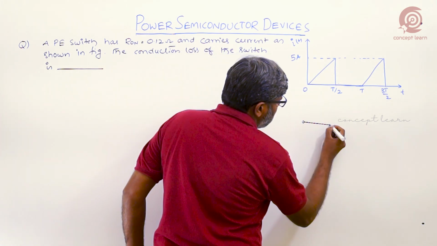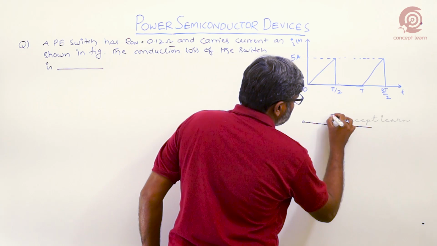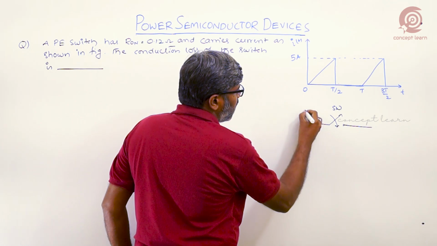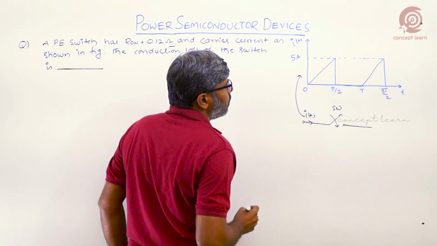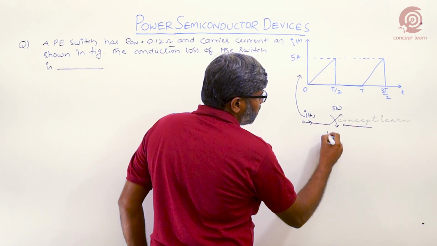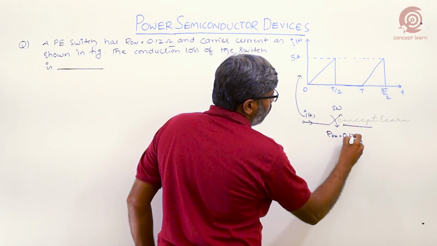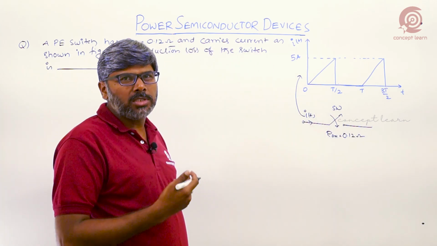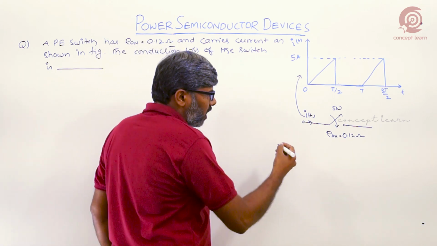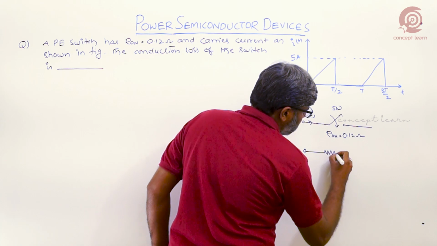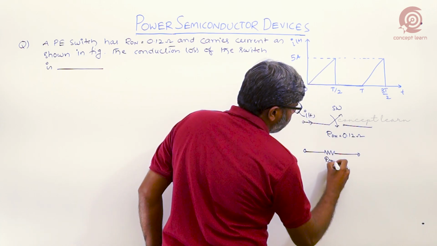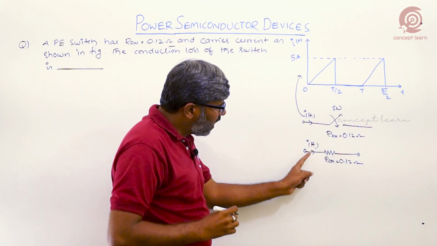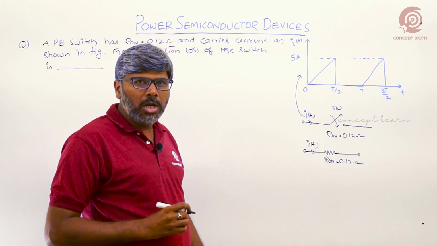So let us take a power electronic switch which carries the current I of t shown in the figure, and has a resistance R on of 0.12 ohms. This can be represented with a circuit model that has only the on state resistance R on equals 0.12 ohms, carrying I of t. So how do we calculate the power loss of the switch with this circuit model?